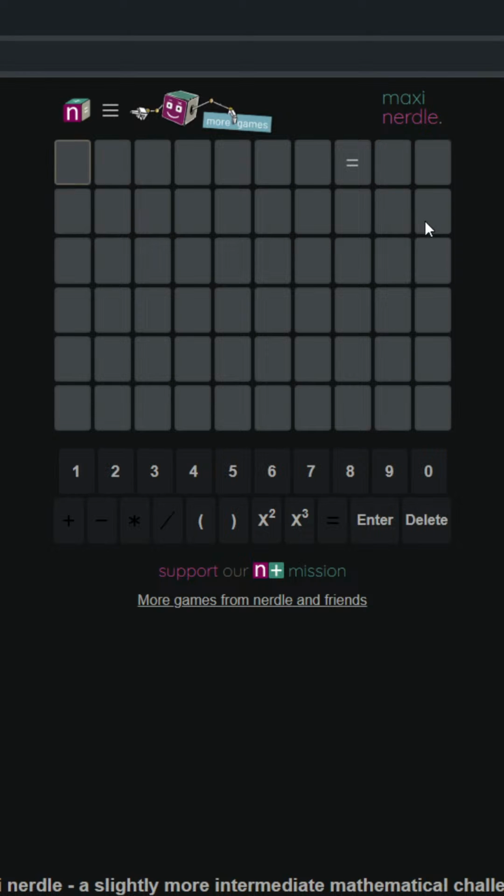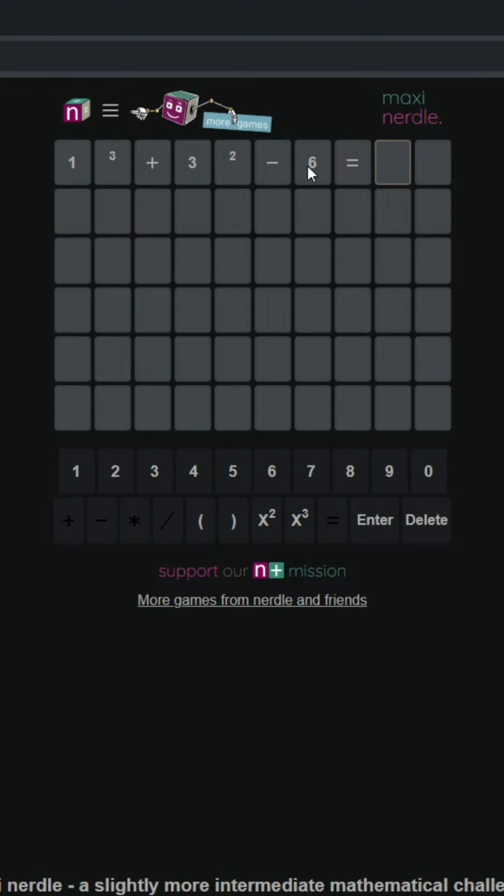Okay, let's see. So this has 1, 2, 3, 4, 5, 6, 7. Let's do something crazy, like 1 cubed plus 2 squared. That's 1 plus 4. Maybe we'll do 3 squared, that'll be 10, and we'll subtract 6 to, oh, but that's not going to be double digits.